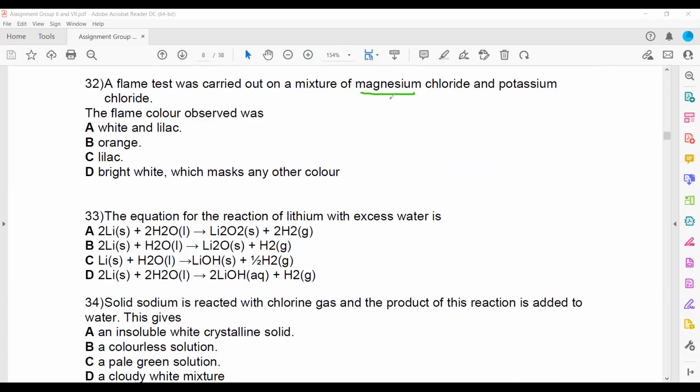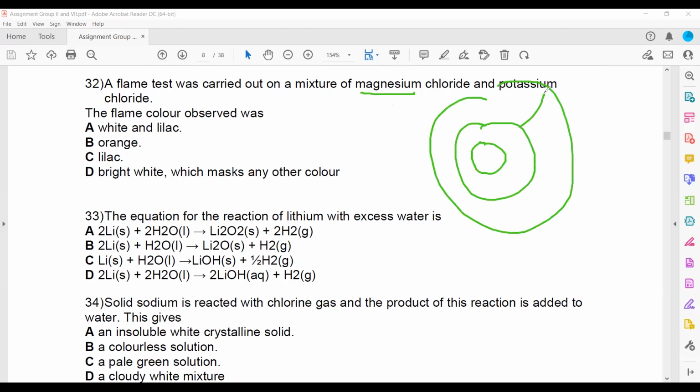Due to the transition of electrons, first they jump from lower to higher, and then when they return, they give out energy, but that energy is not in the visible range. But potassium is lilac, so one is no color and another one is lilac. So what is the observation? It will be lilac. So C will be the right answer.